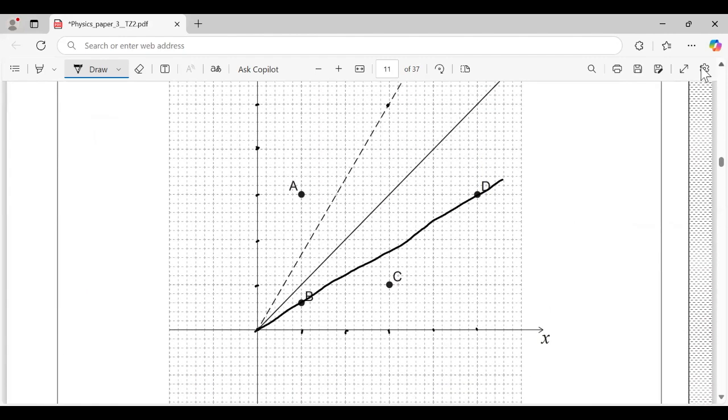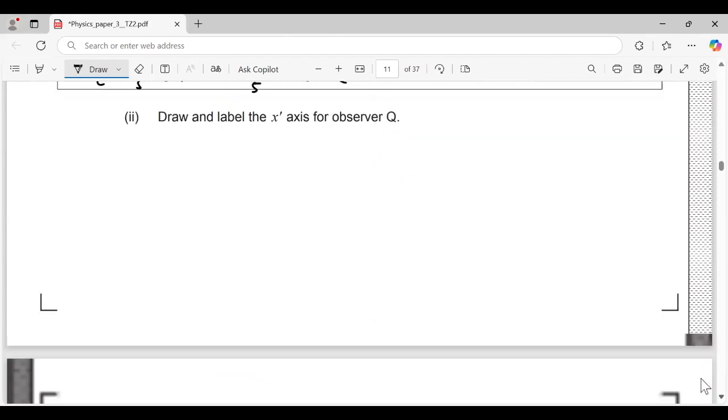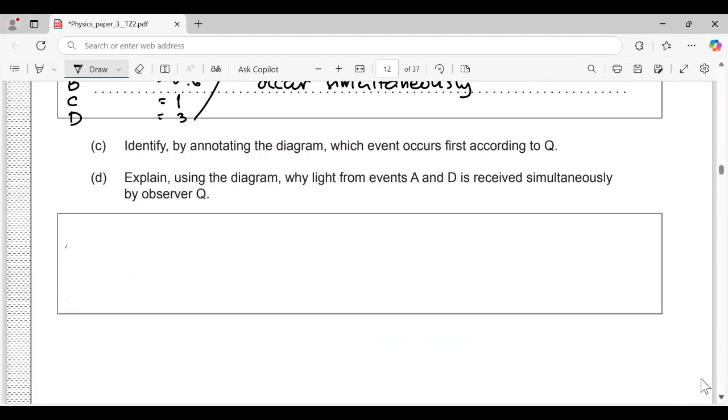It has the same slope as this x' axis. It means the line through C is parallel with the x' axis. You may create the straight line with your ruler.